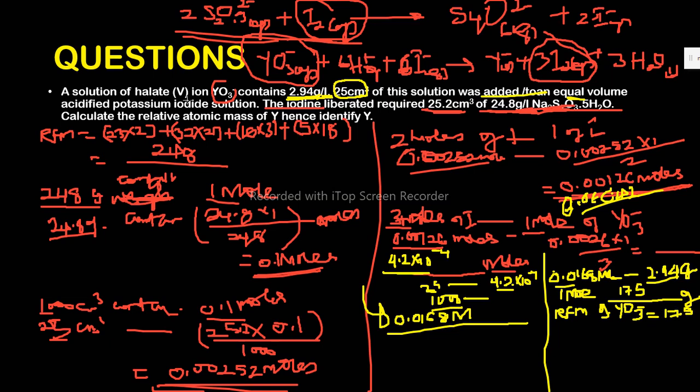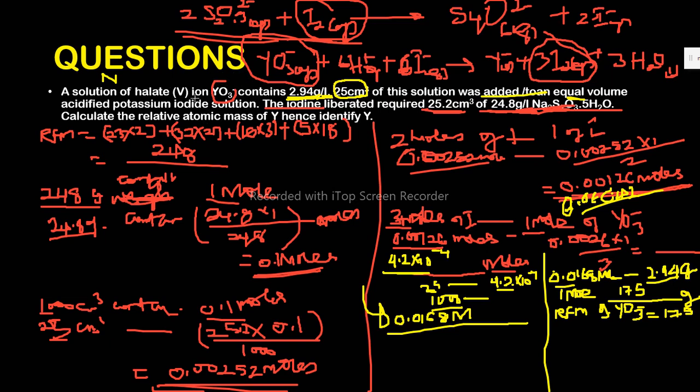A solution of halide contains, and then calculate the atomic mass. Now they have not told us which halide. Is it sodium halide? Is it potassium halide? We need that, because there is no halide which exists as Y or minus. You weigh a salt, so there is no halide which exists as this.